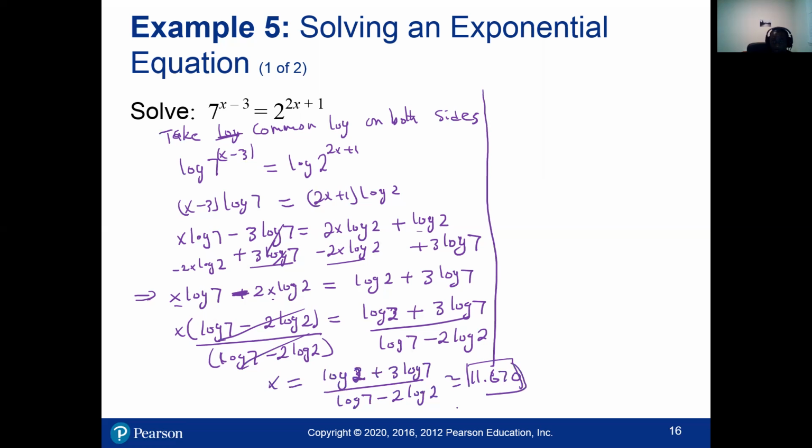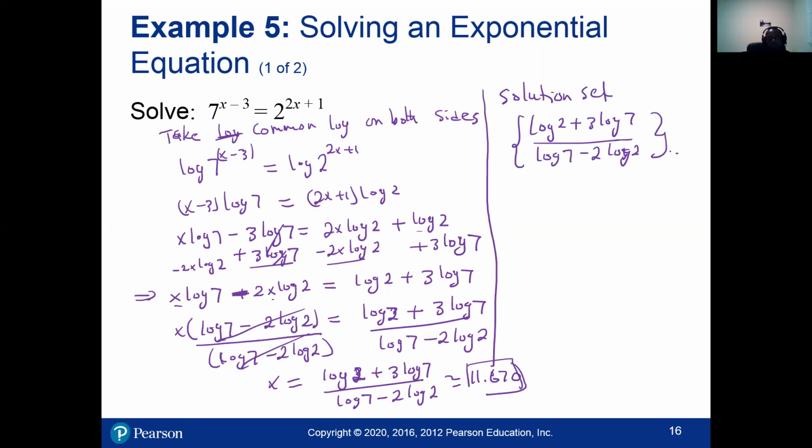That is the approximate solution. But the solution set will be this whole thing, log 2 plus 3 log 7 divided by log 7 minus 2 log 2. So that's my solution set.